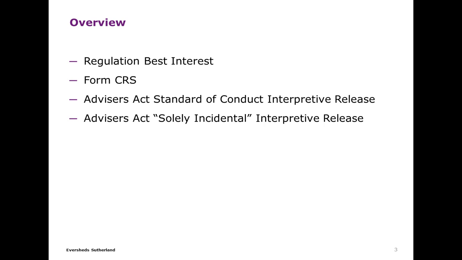We're going to try to cover all aspects of the rulemaking proposal and try to do it from an area that's uniquely tailored to the bank-affiliated model, because as we know, there's going to be certain challenges and compliance implementation issues for bank-affiliated broker-dealers and investment advisors, mainly because their business model is uniquely tailored to certain products and certain business lines that may present certain challenges from the SEC's rulemaking standpoint.